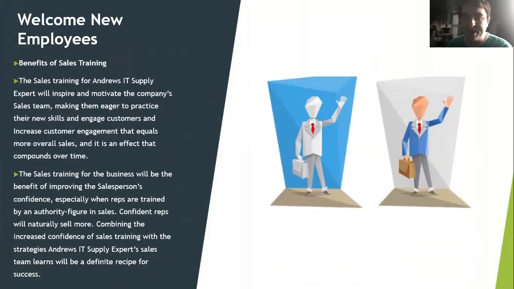The sales training for Andrew's IT Supply Expert will inspire and motivate the company's sales team, making them eager to practice their new skills and engage the customers, and increased customer engagement equals more overall sales, an effect that can compound over time.